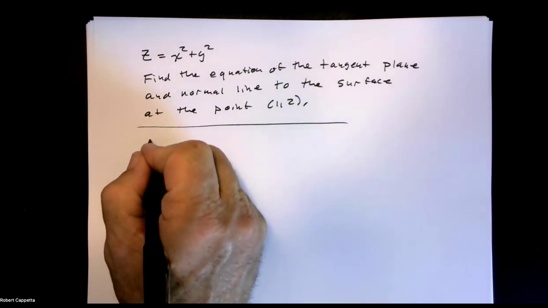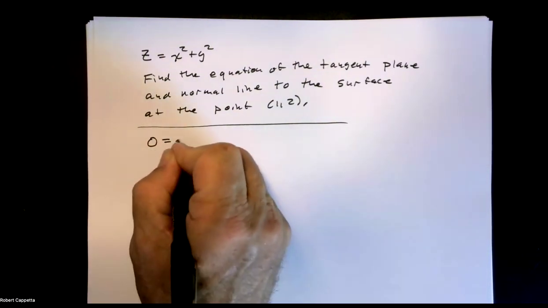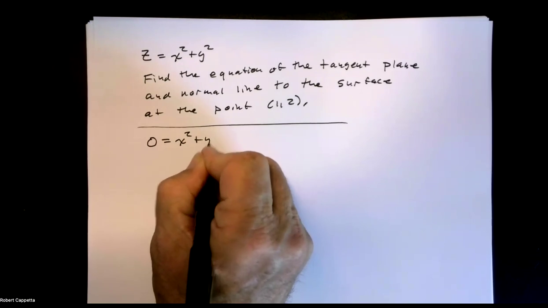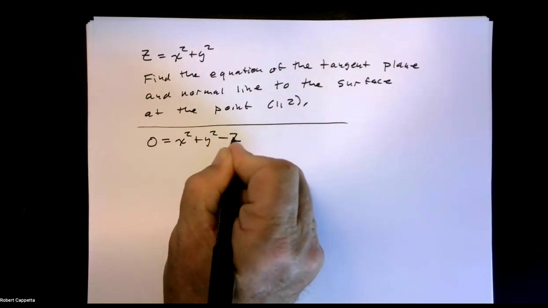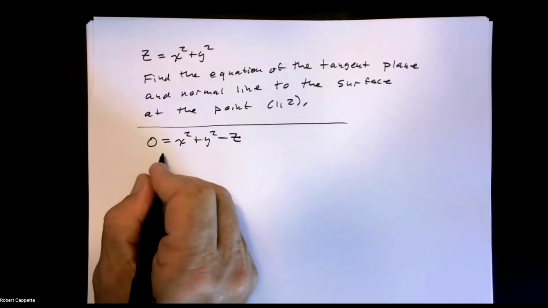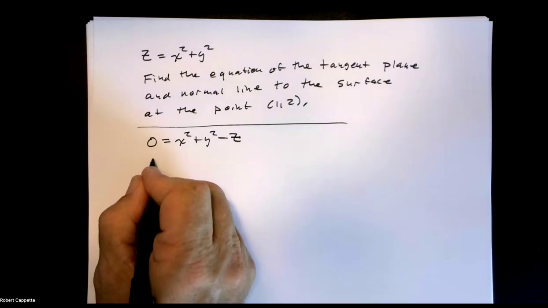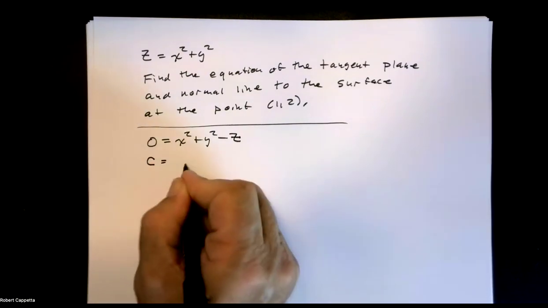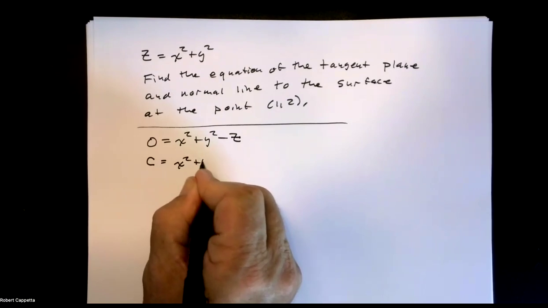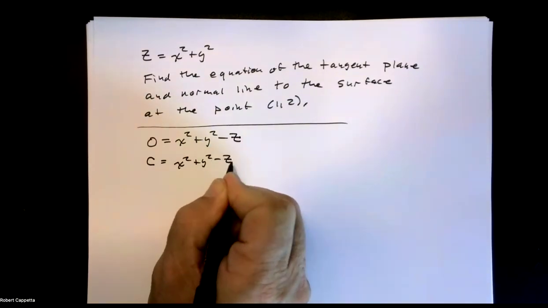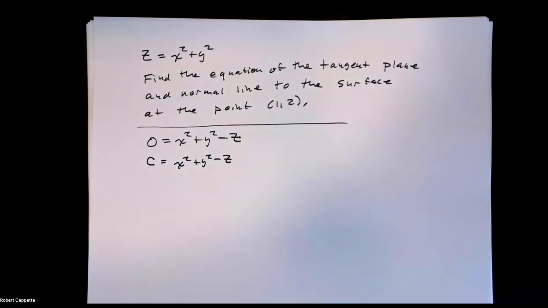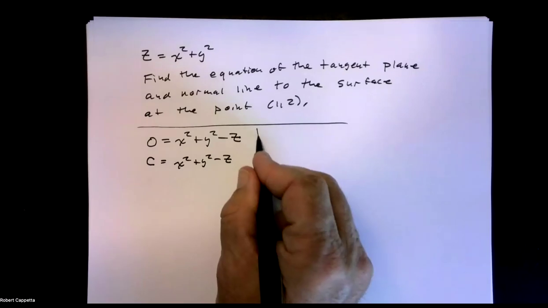How can I get there? Let's rewrite this as 0 equals x squared plus y squared minus z. 0 is a constant. So I can think of this as some constant equals x squared plus y squared minus z. And then what can I conclude from that?